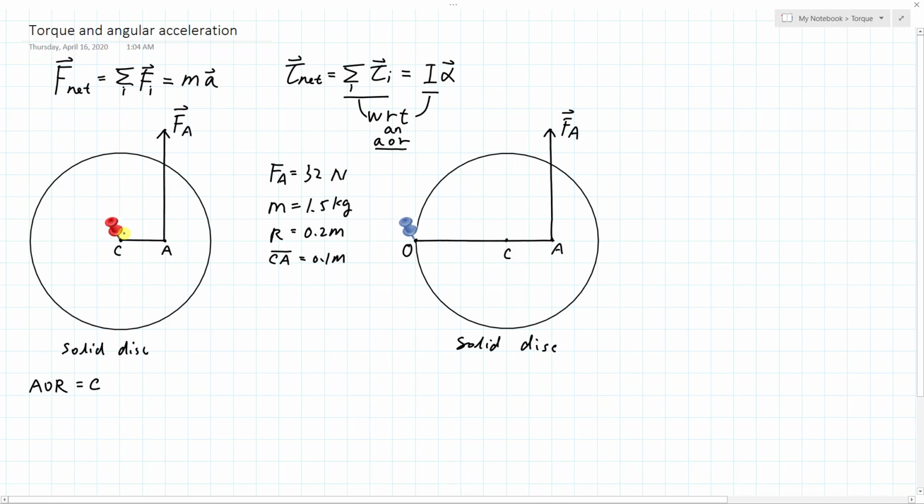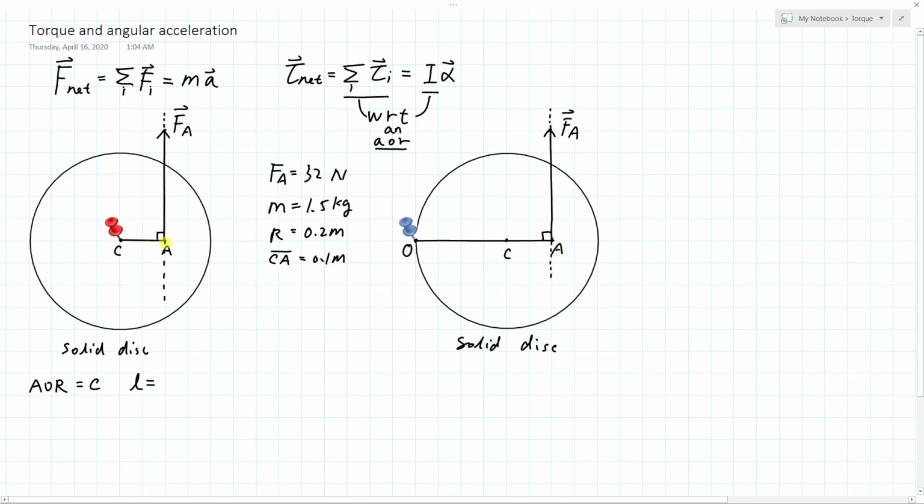That determines the lever arm now, because we have this apparent 90-degree angle in both cases, right? So the lever arm is equal to the perpendicular distance between the axis of rotation and the line of action of the force. The line of action extends downward and upward indefinitely. So it is a line.